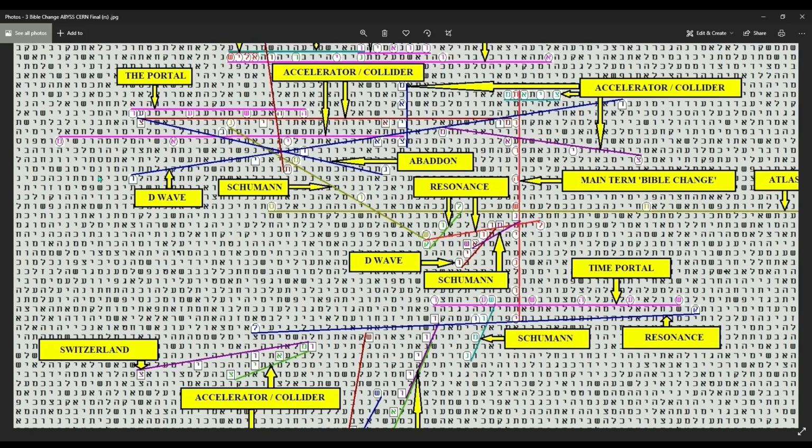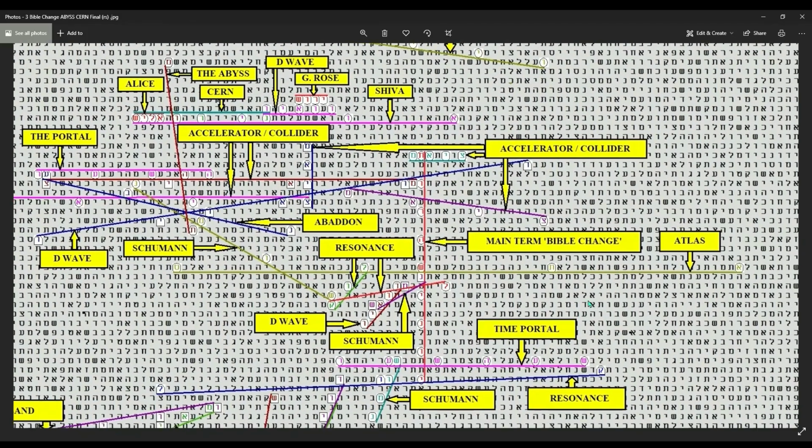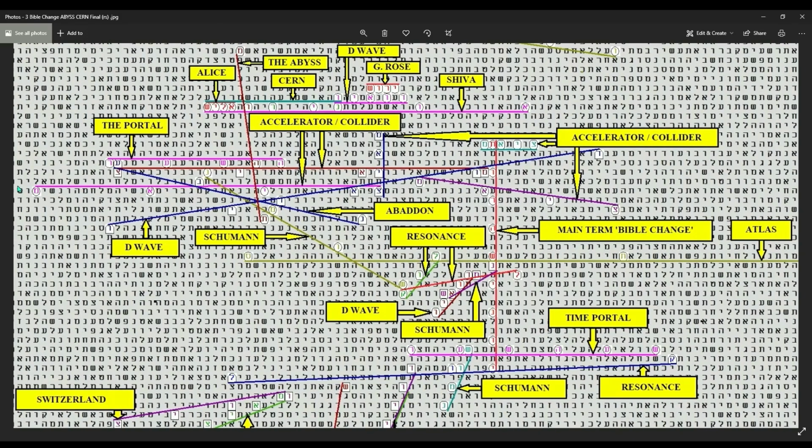So moving along into the middle, right into the central term, Bible change here, we see at the top linking right in is accelerator collider again right across the term, accelerator collider again. Let's just move over here, and the pink there, and in the brown here, and also the word portal spanning that.